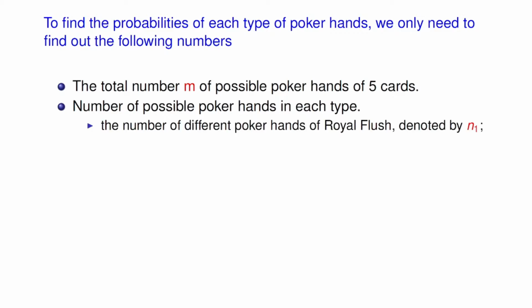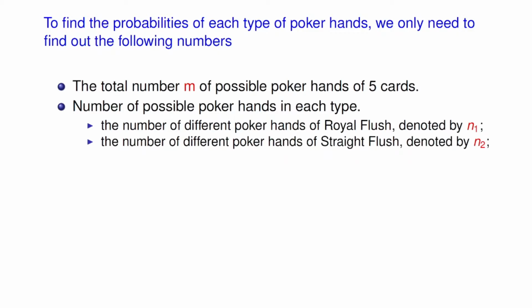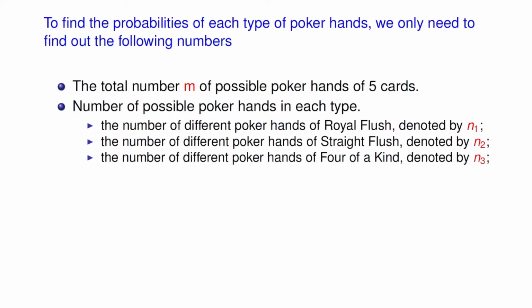That is to say, the number of different poker hands of royal flush, denoted N1, the number of different poker hands of straight flush, denoted by N2, and the number of different poker hands of four of a kind, denoted by N3, and so on.